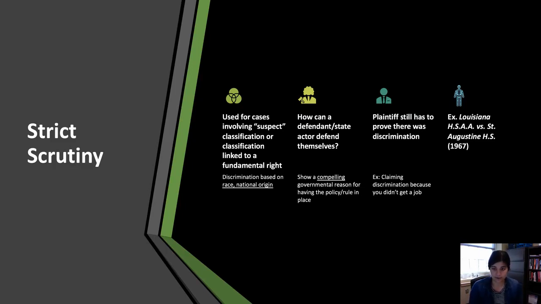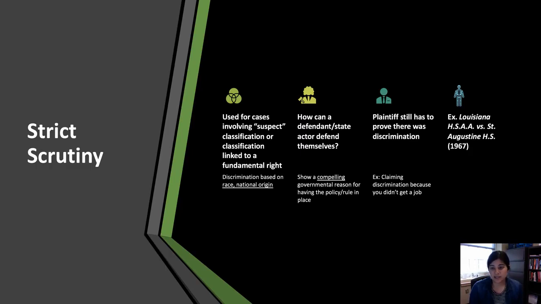So it's very difficult for a defendant to defend themselves in a strict scrutiny case. Keep in mind, they can still try to show they had some kind of compelling interest or reason for having the policy in place, but very rarely are they going to be able to do that, right?